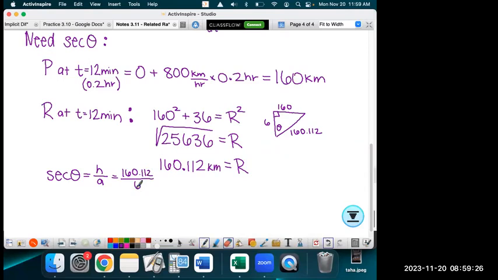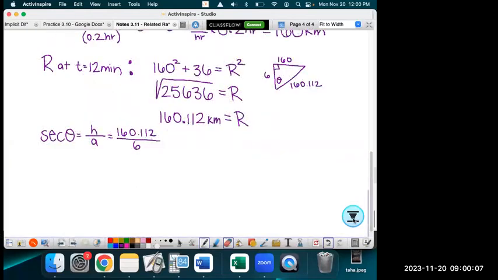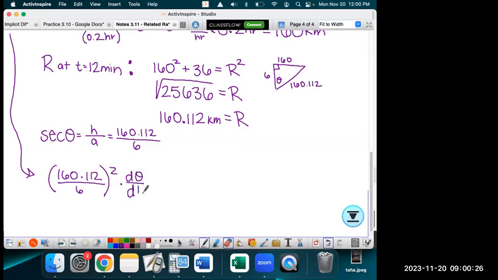All right, let's go ahead and solve for d theta dt. I'll draw an arrow down here, plugging the rest of our information in. We had secant theta squared, so instead I'll put 160.112 over 6 squared times d theta dt equals 1/6 p prime.